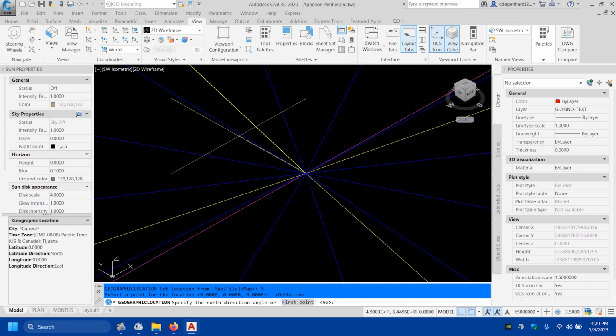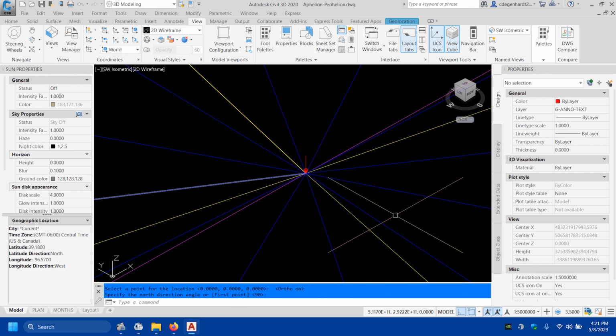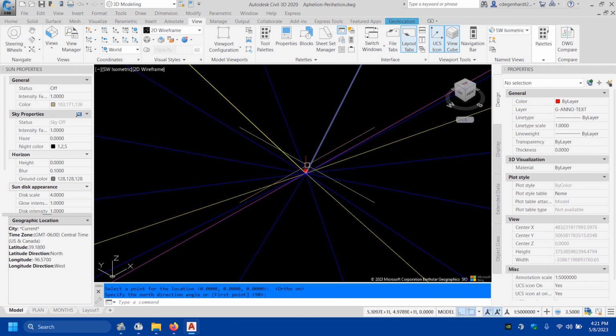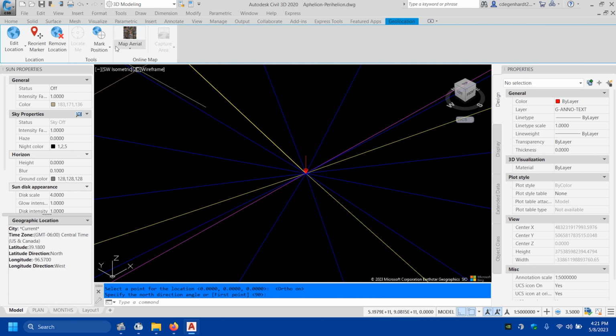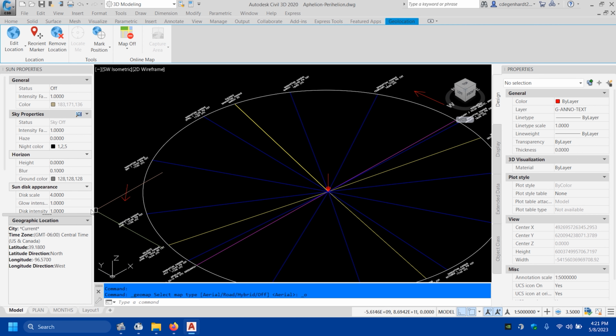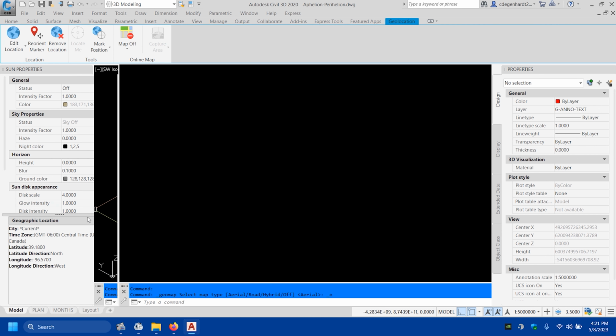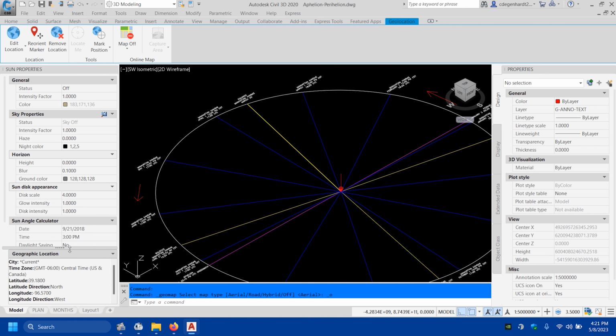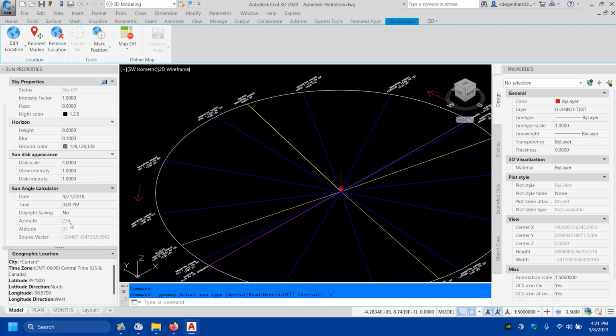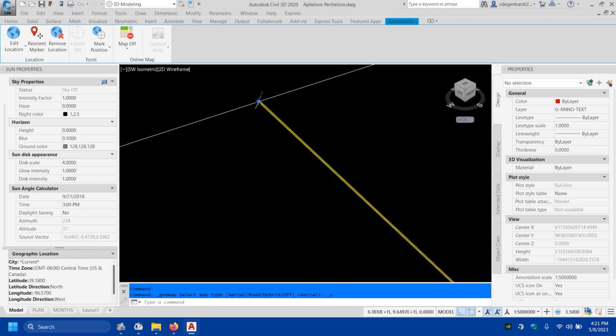And then we hit this way, boom. Now you can see it just added that. So I'm going to take this map off. So it gives you the altitude and everything. Pretty cool. Alright.